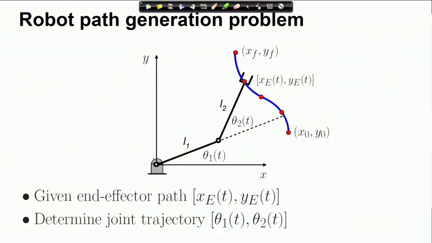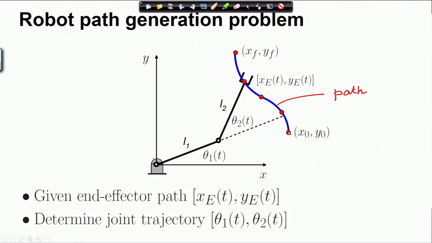So, this is the problem of path generation. Essentially this is the second and third part. What we have is the path already specified or determined. Now, we have to specify the velocities at each point on this path.